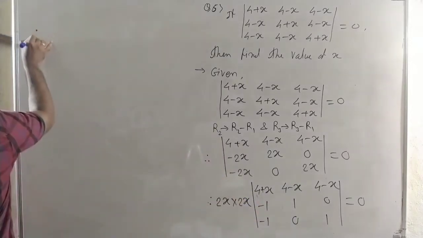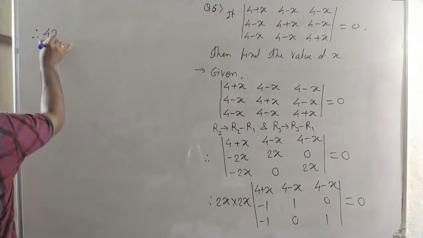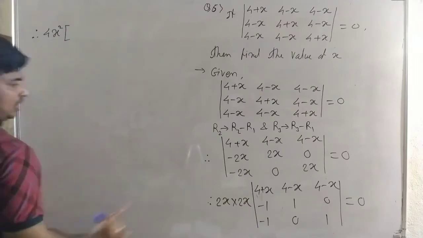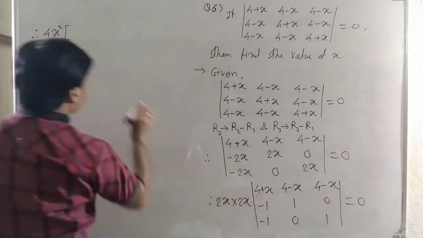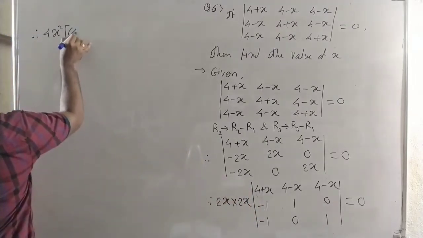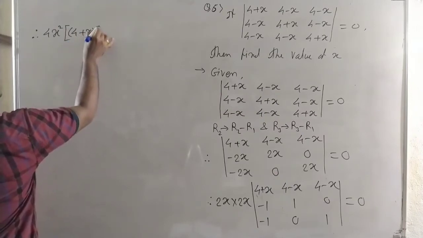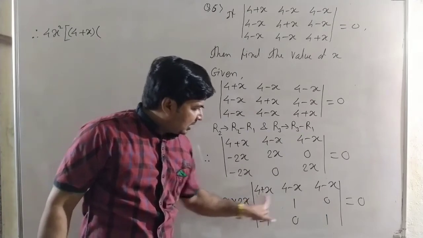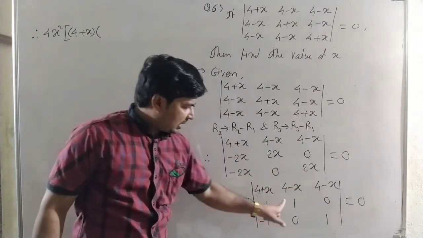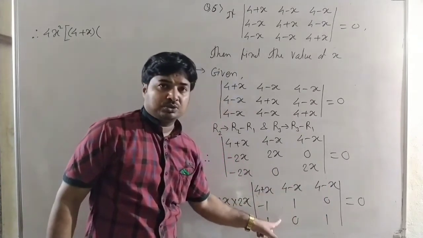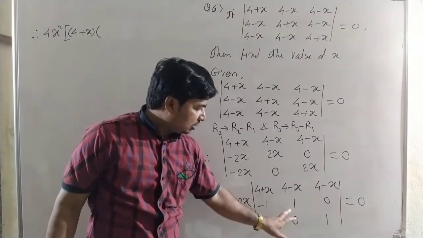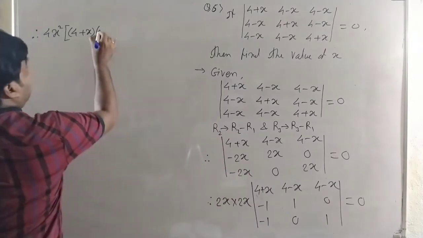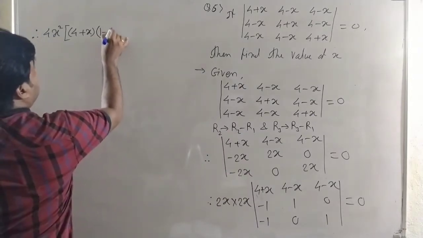So we can write first 4x square into the determinant: 4 plus x into, delete the row and column of 4 plus x and obtain the determinant 1 0, 0 1, and the value of this determinant is 1 minus 0.